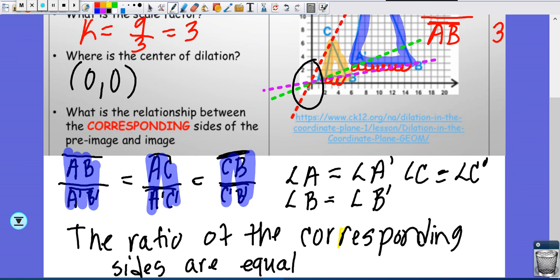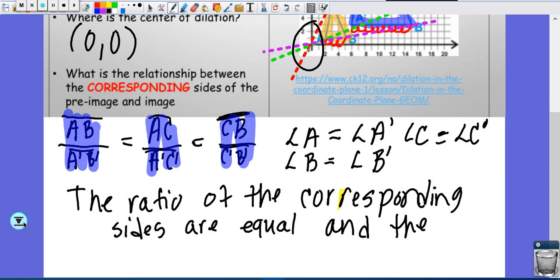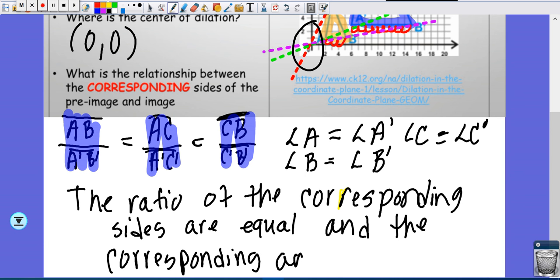And corresponding means matching. The corresponding angles are congruent. And congruent means the same.